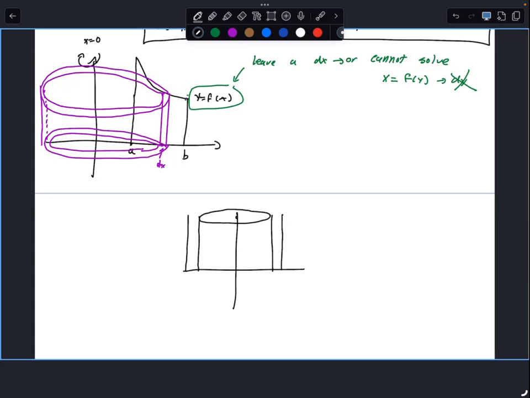Just making it a little bit prettier. And there. You see this? Do you see the shell now?